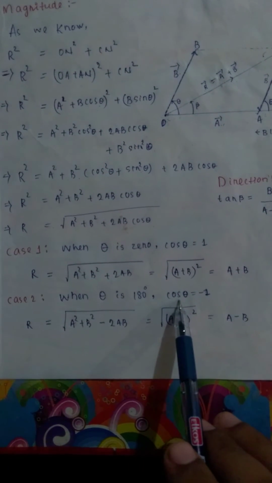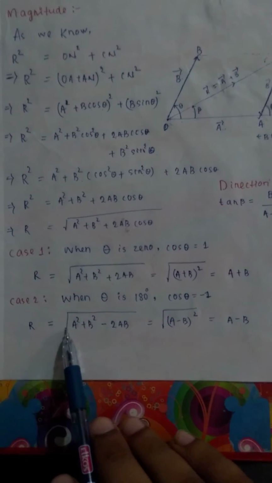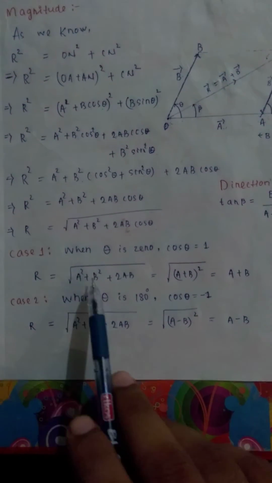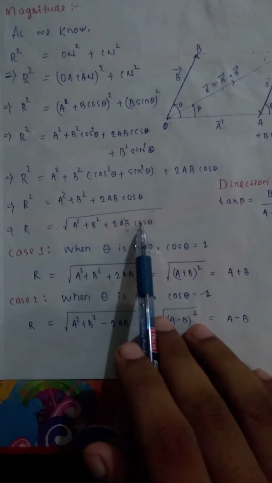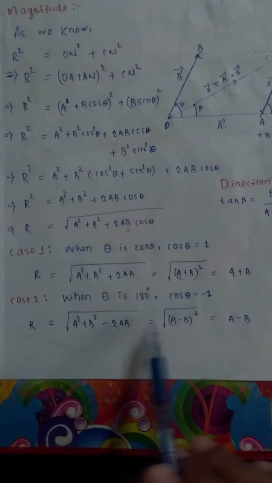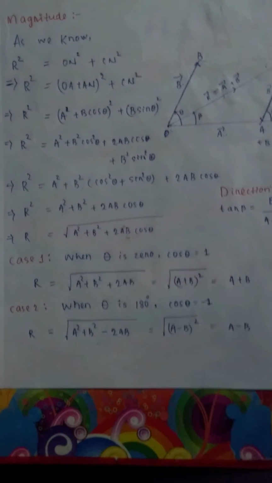Cos 180 equals minus 1. So R equals under root A square plus B square minus 2AB, that is equal to under root A minus B whole square, that is equal to A minus B.